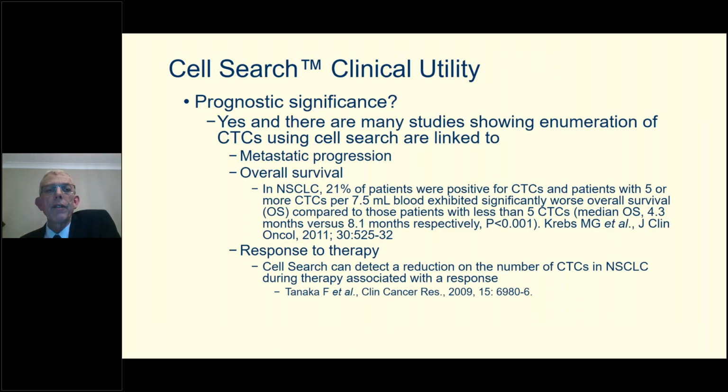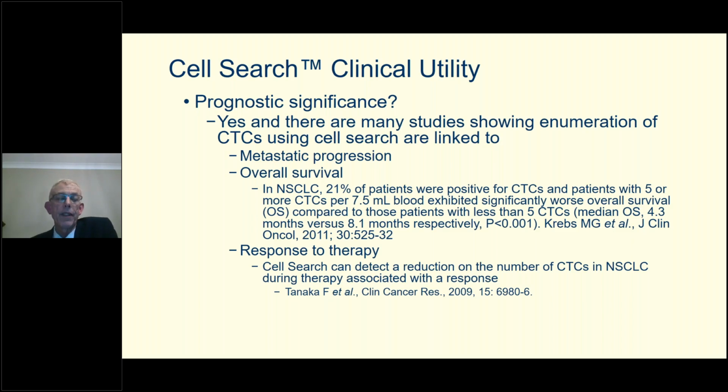So what about clinical utility? Well, certainly FDA approval for breast cancer, at least. And there are many studies out there showing enumeration of CTCs linked to metastatic progression, to overall survival, and also to response to therapy.